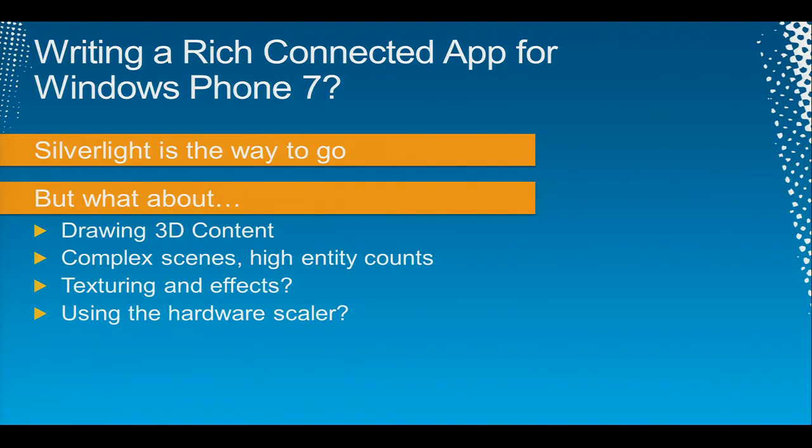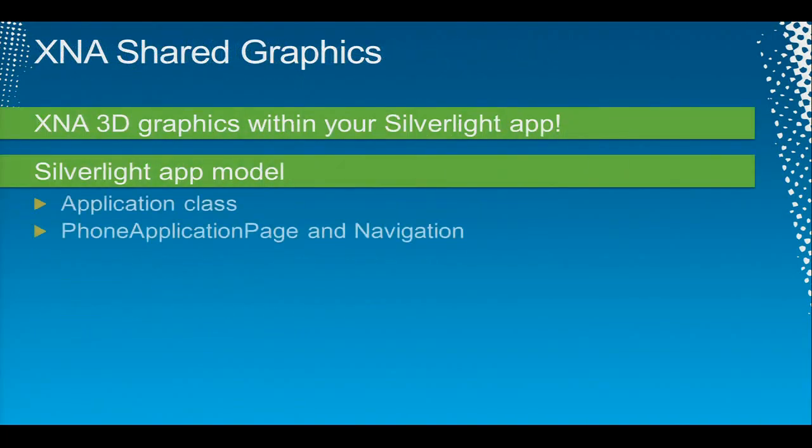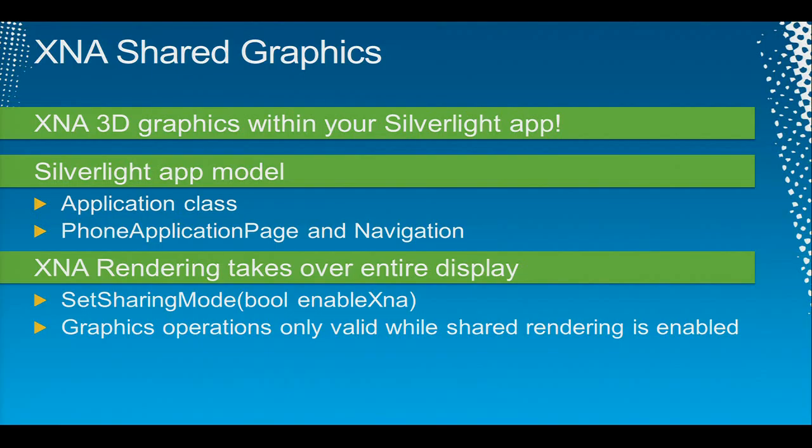Or maybe you're a car manufacturer. Wouldn't it be great to be able to pull down that 3D model, not have to give up all your Silverlight controls and all the stuff that you can do in Silverlight, but incorporate that and still do the 3D rendering all within the same application, to have the best of both worlds. With XNA shared graphics, that all becomes possible.